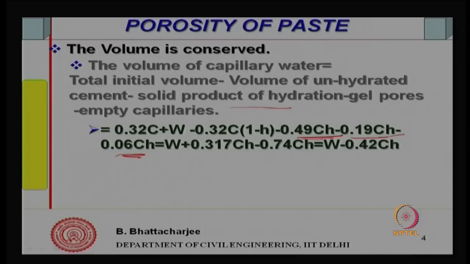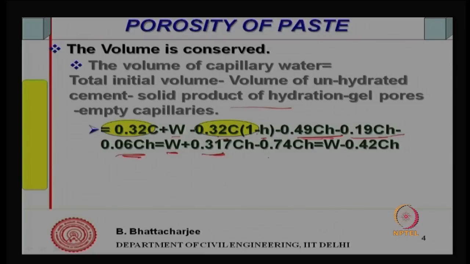In this, 0.32 C and 0.32 C into 1 will cancel out because there is a minus sign. So, you will be left with the rest of the things. This W will come here, then 0.32 CH, plus, because there is a minus sign here.